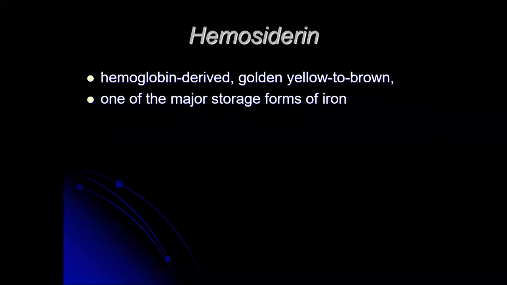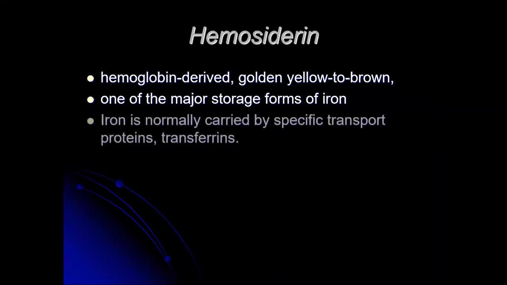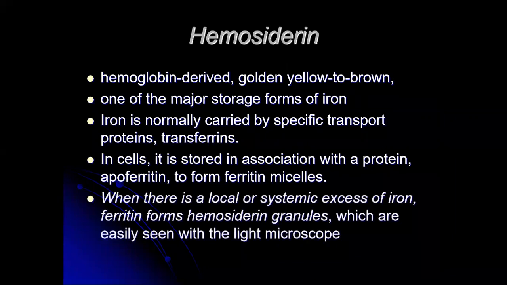Hemosiderin is one of the major storage forms of iron, and you're going to learn it also during your biochemistry classes. So you note that on breakdown of hemoglobin, the heme part, which has iron, when it's broken, iron has to be carried off and be stored.